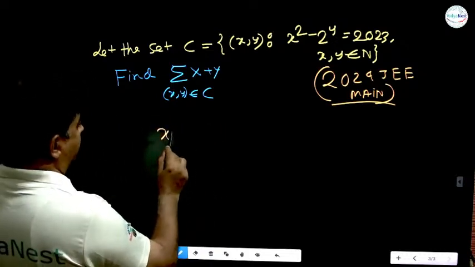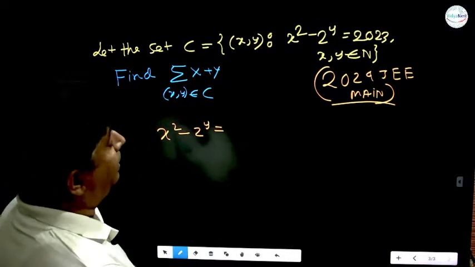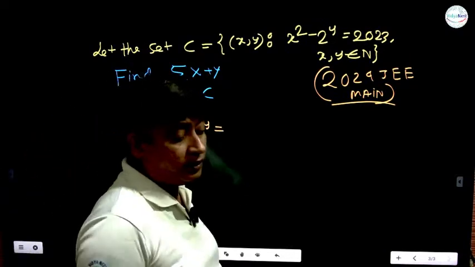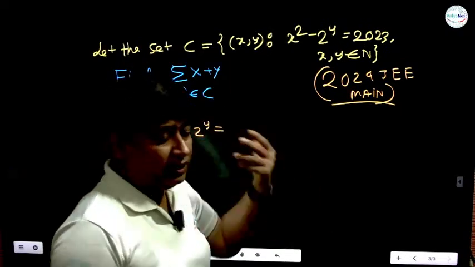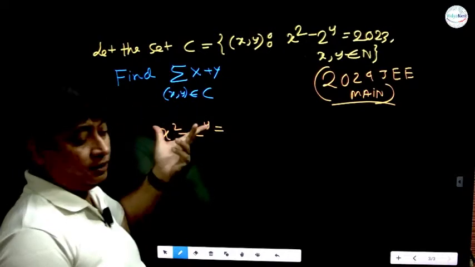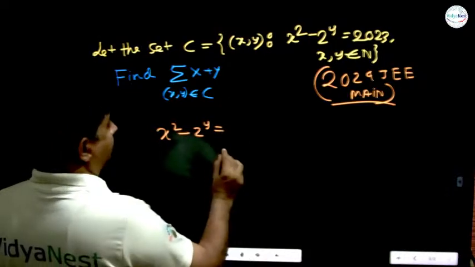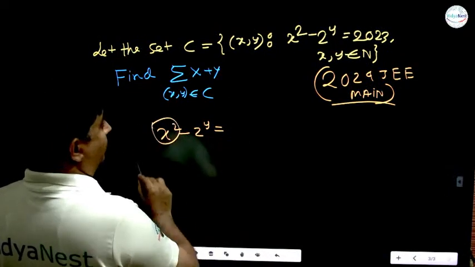See, x square minus 2 to the power y, and it is a natural number. So the sum looked very critical, but once we catch the trick, it will become so easy for us. See, x square, so there is a square number.